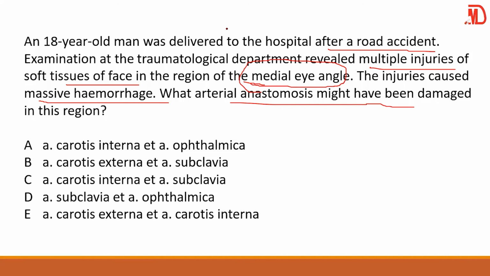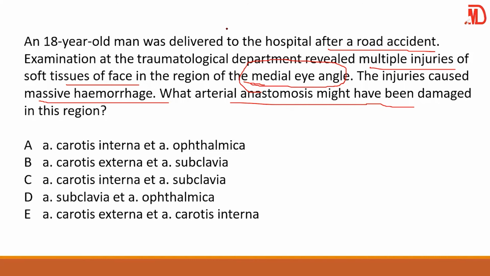However, the two big arteries that are connected to this are the external and the internal carotid artery. Don't forget, the carotid artery supplies the majority of the head, so every other thing will eventually be linked to it.